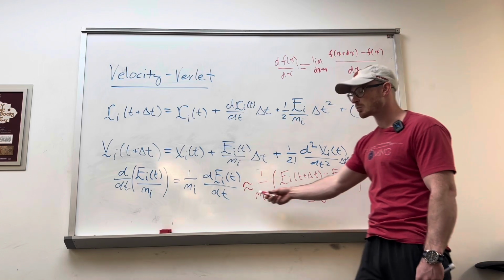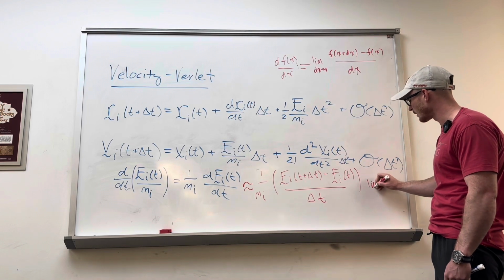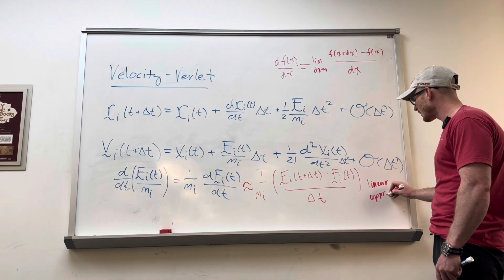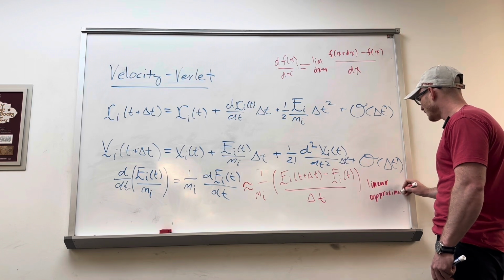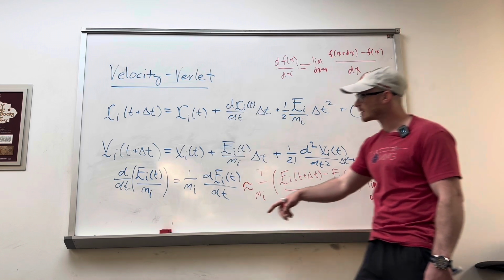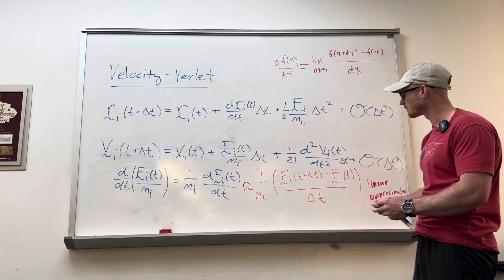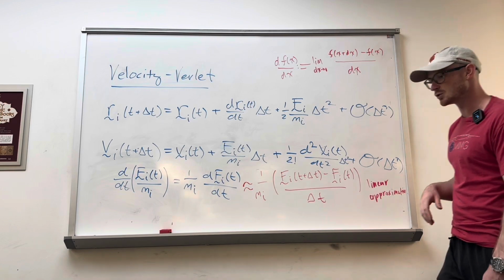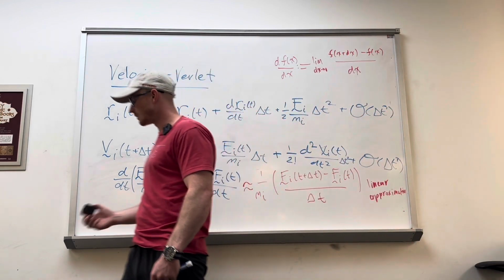Now, of course, this is an approximation, and we call this a linear approximation. So we're approximating that the derivative of the force is approximately linear over this time step.